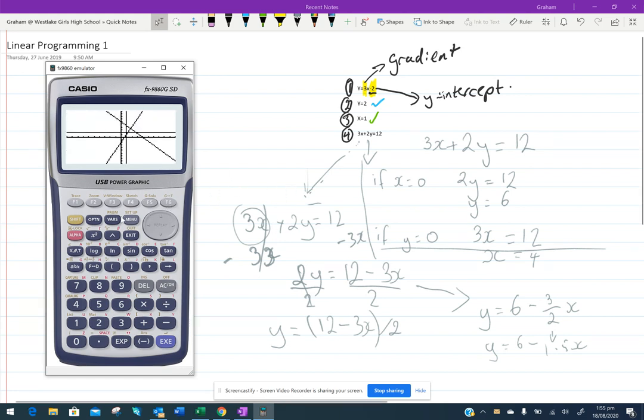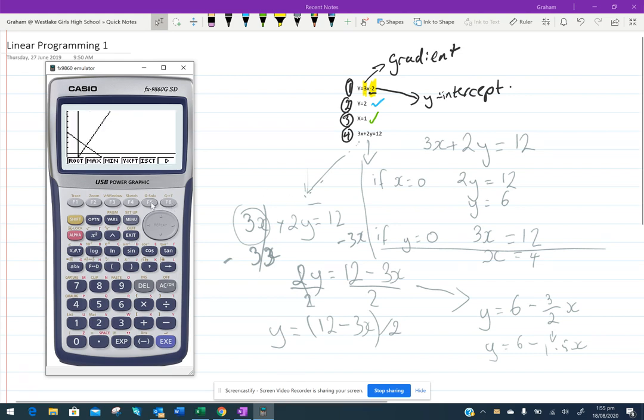Of course, I could change that now and say, clearly I don't need to go into my negatives. When I exit that, I can draw that graph, and there's my graph.